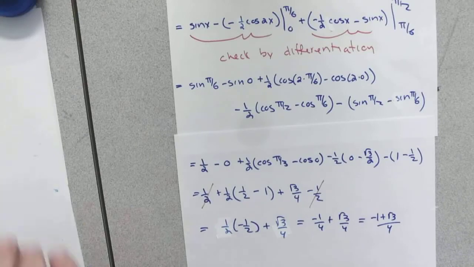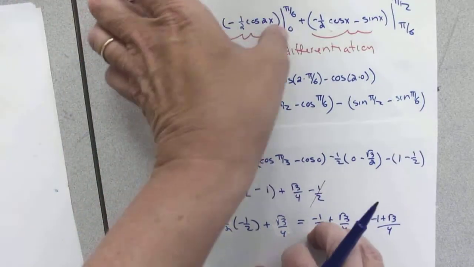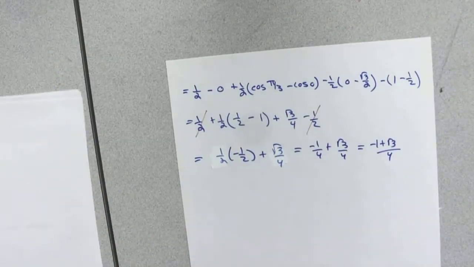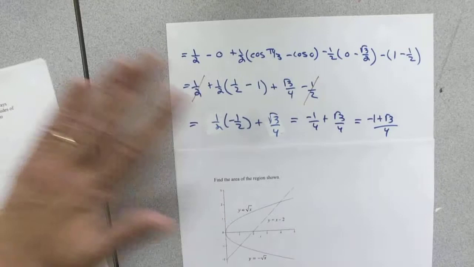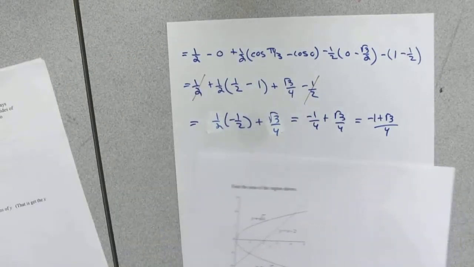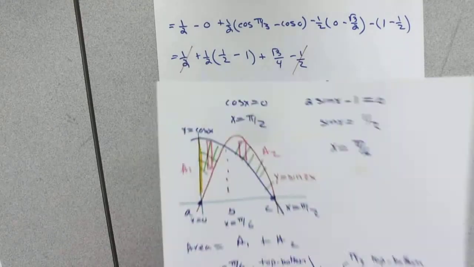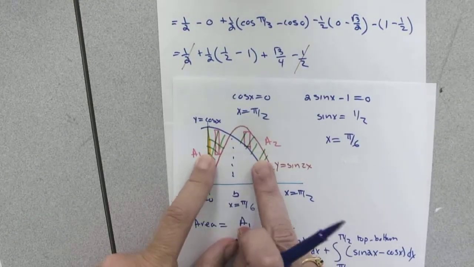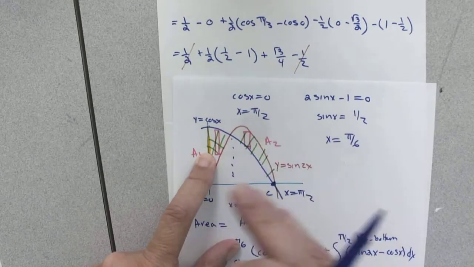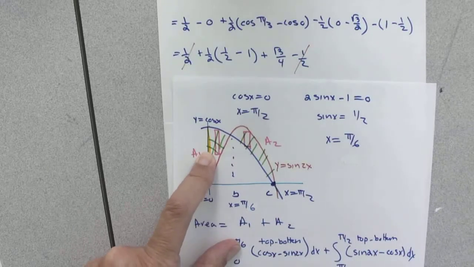Okay, so there's that one involving some trig. Moving on again. Okay, if I look at the last, so here's the next guy. And if I refer back to the previous problem, this took two integrals essentially because top and bottom changed.